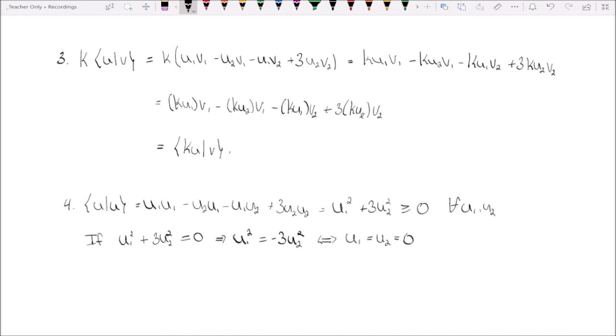There's only one way for a square to equal a negative number times a square. And that's if both of those numbers are 0. So we get the fourth axiom being satisfied, which is all we needed, so this does indeed define an inner product.